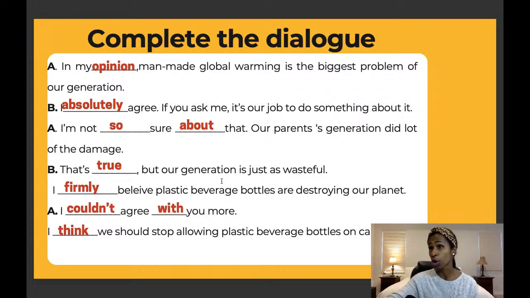Our parents' generation did a lot of the damage." "That's true, but our generation is just as wasteful." "I firmly believe plastic beverage bottles are destroying our planet." "I couldn't agree with you more." "I think we should stop allowing plastic beverage bottles on campus."